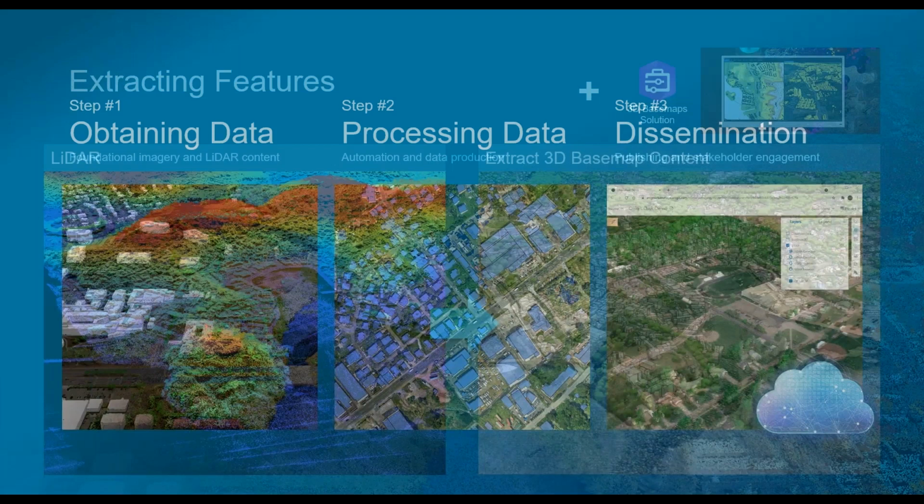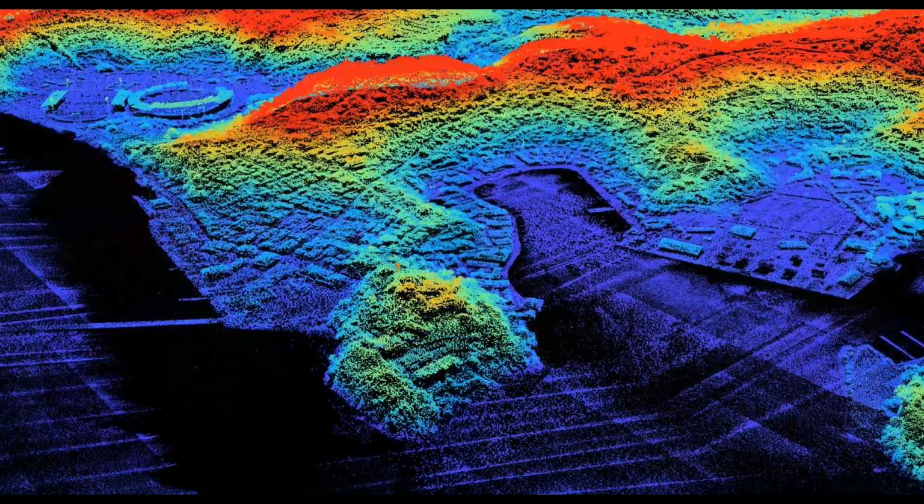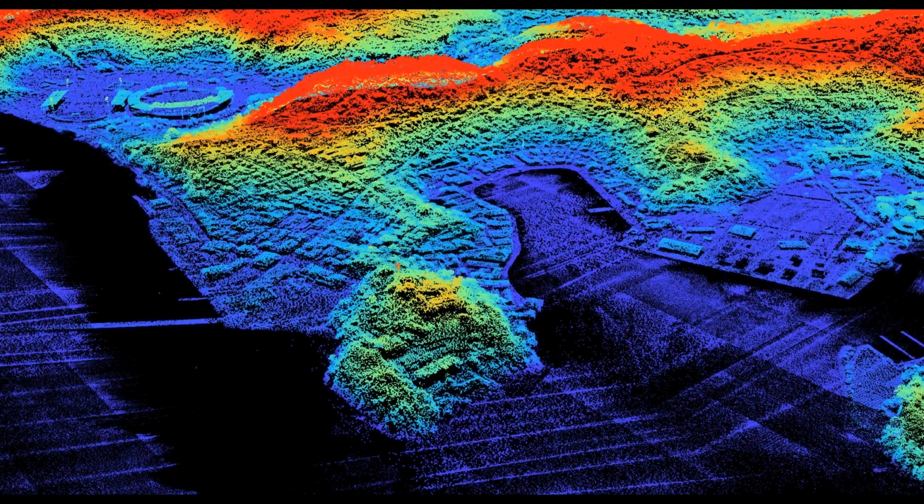So if we look at this, you can take advantage of ArcGIS Pro and the 3D base map solution to help you streamline those workflows of classifying your lidar data and extracting your 3D base map for your digital twin. You can start also with an existing point cloud, as we saw here today.